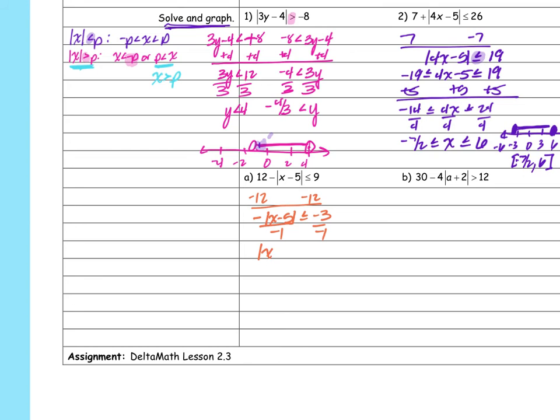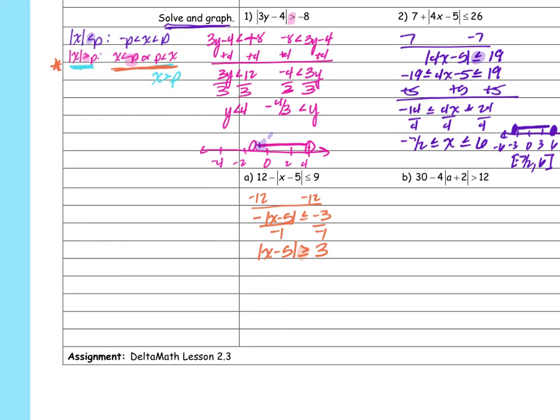I get absolute value of x minus 5. And because I divided by negative 1, it changes my sign there, and I get 3. So now this is a greater than sign. So if it's greater than, that means I'm going to use this one right here, right? And I'm just going to put it into this just like what it says.